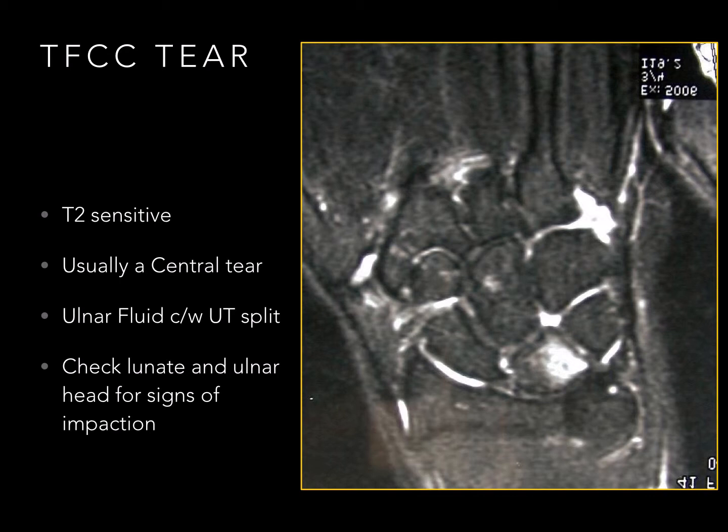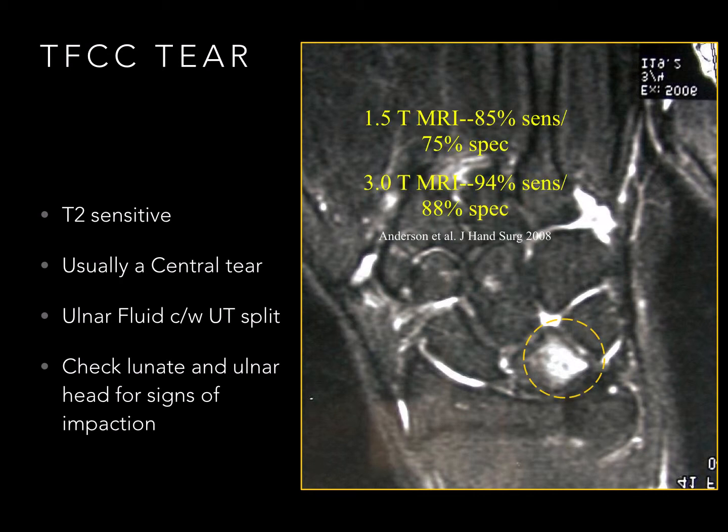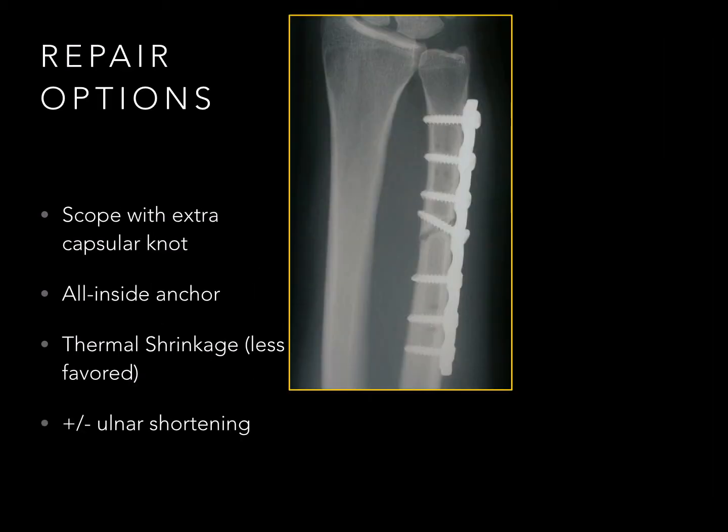Check the lunate and the ulnar head for signs of impaction, like this blush in this lunate. If you had the opportunity to get a 3 Tesla MRI, I would do it. The sensitivity and specificity both go up quite a bit, and the pictures are just much better to look at.